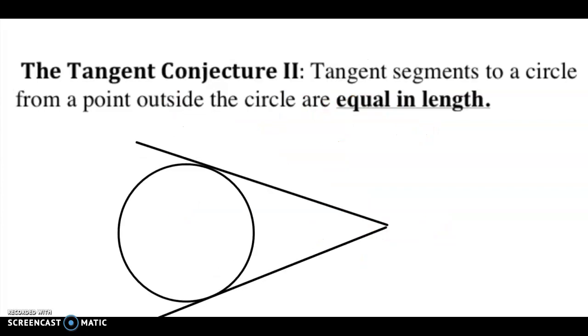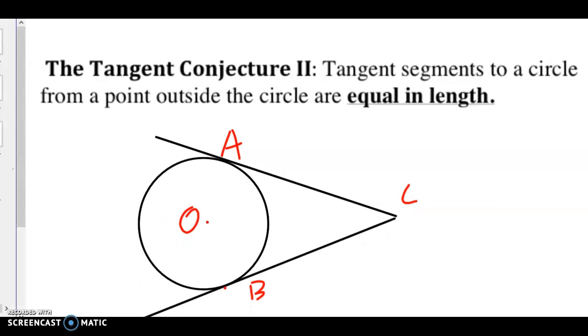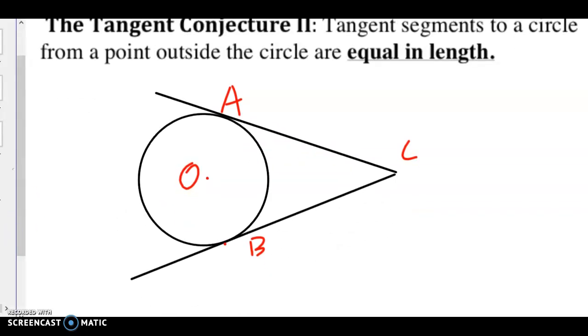And the next one about tangents is another circle. We basically have two tangents. This is A, C, B, and circle O again. As you see, we have two tangents: tangent AC right here, and another tangent CB.